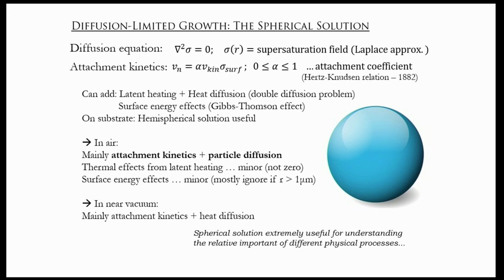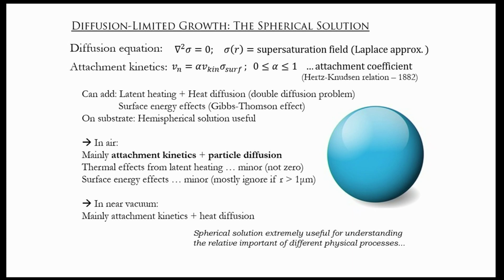It's just a constant. Alpha contains all the real physics, and V kinetic just contains the mass of the water molecule and kT and stuff like that. Okay, easy to derive, but not very interesting.